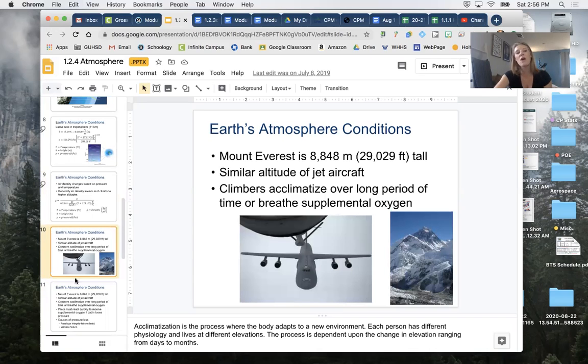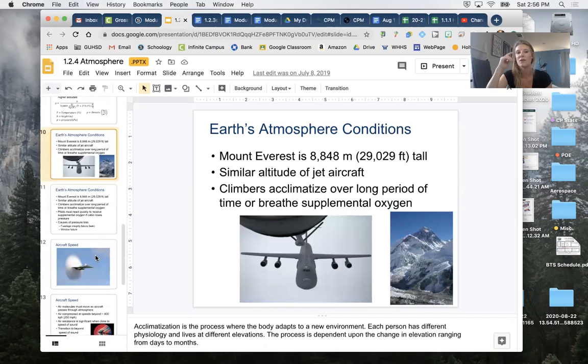Okay, this goes on to tell you a couple more things. This is just kind of interesting in my mind. Mount Everest is 29,000 feet in the air. Climbers have to acclimate over long periods of time. If you've ever seen any of the movies about Everest, it's super interesting. There's definitely a high death rate on climbing that mountain, and it has to do with the pressure aspect and the atmospheric conditions.